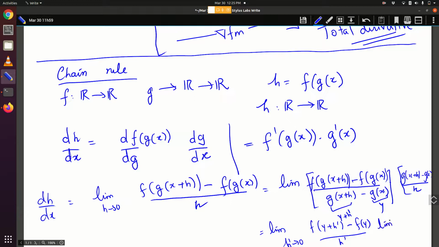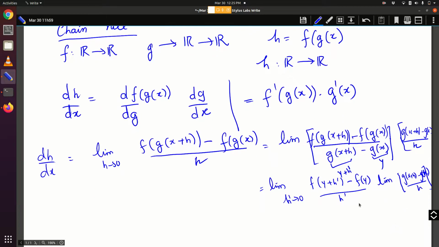That limit times this limit gives f dash of y times g dash of x. And y equals g of x, so it is f dash of g of x times g dash of x. This is essentially the proof.